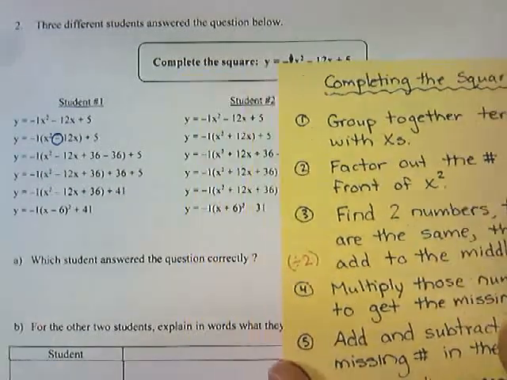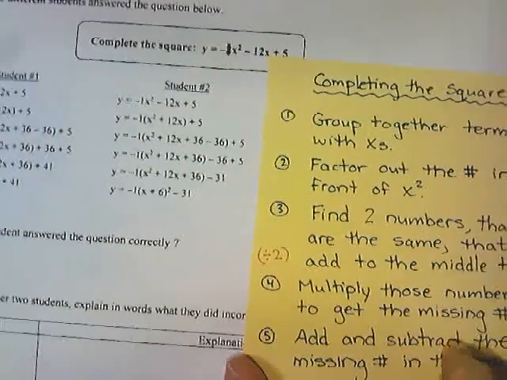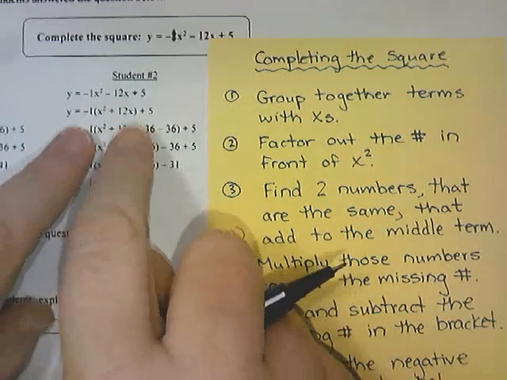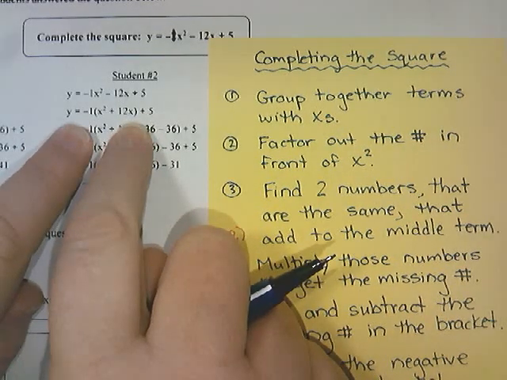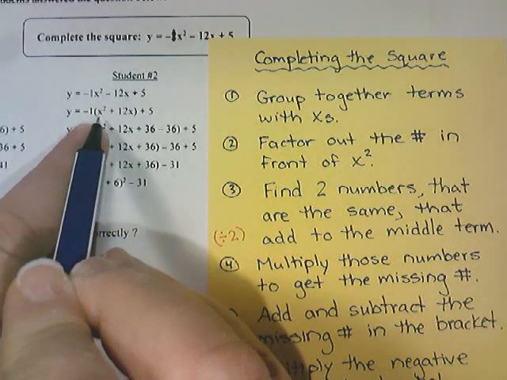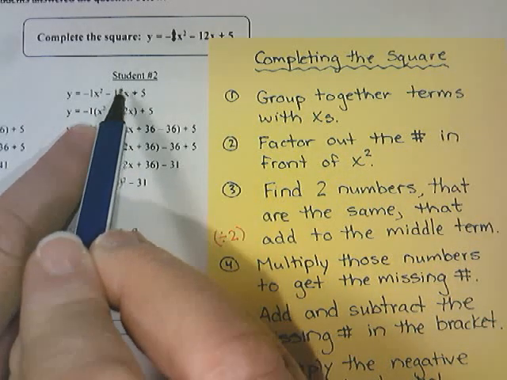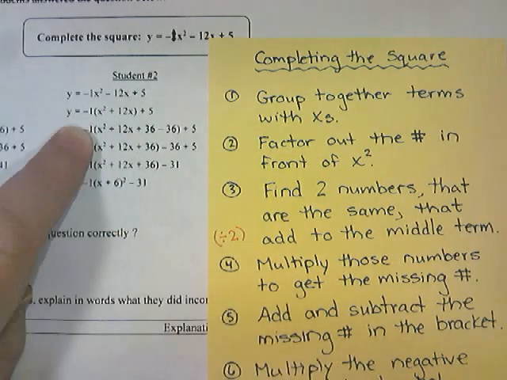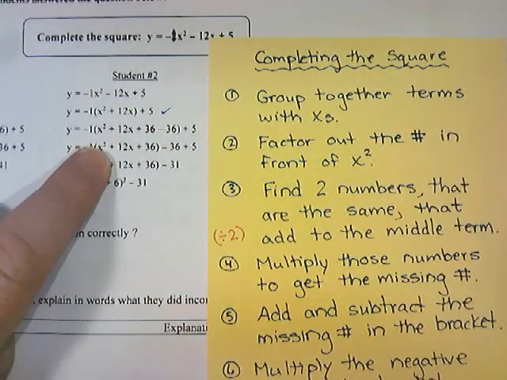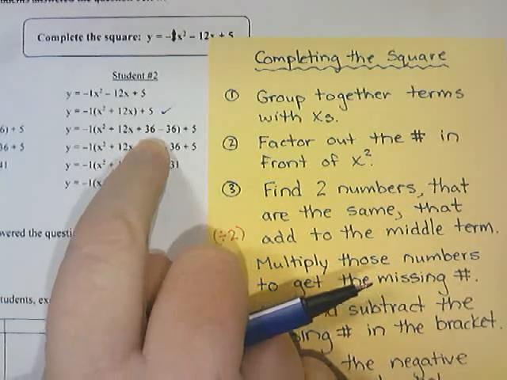All right, let's take a look at student number 2. So group together our x's and factor out the number in front. So they took out the negative. -1 divided by -1 is +1x squared. And then -12 divided by -1 we just said was +12. So this part is good. And then 36.